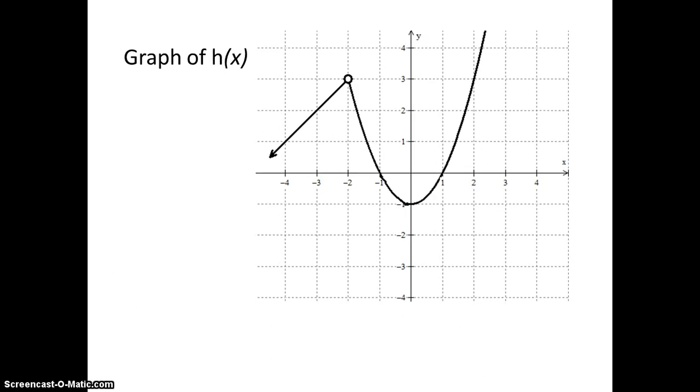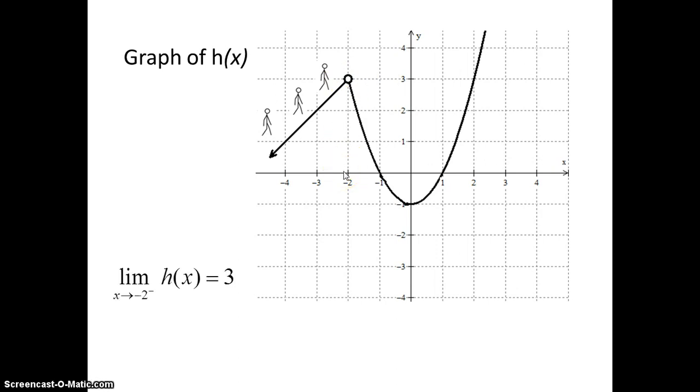Our last graph, again, we're going to approach a limit. I want to examine the limit as x approaches -2. From the left-hand side, I see that we are approaching a y value of 3 as x approaches -2 from the left.